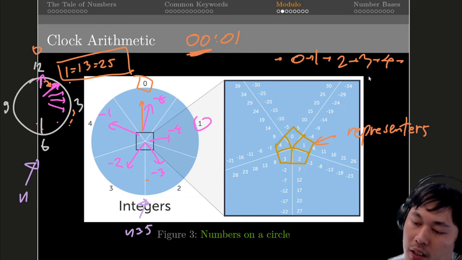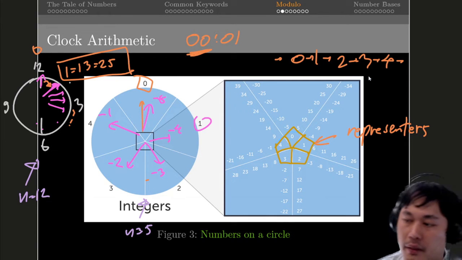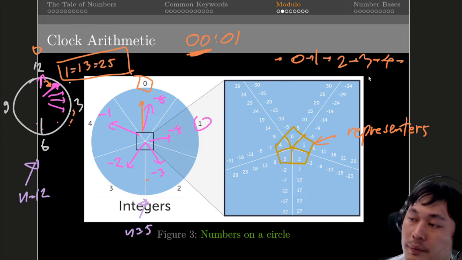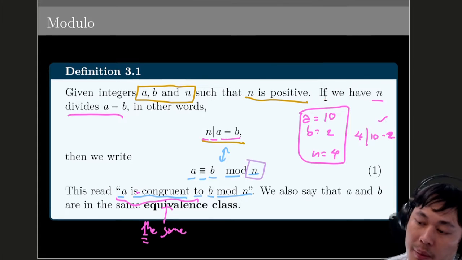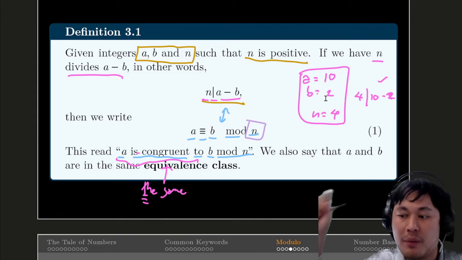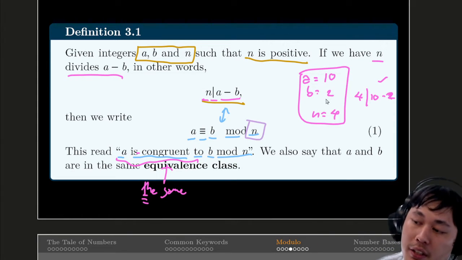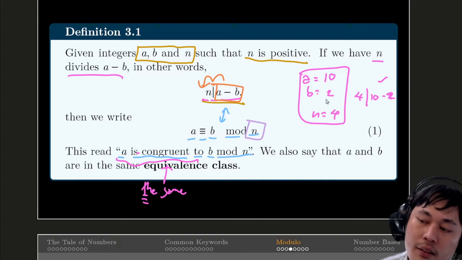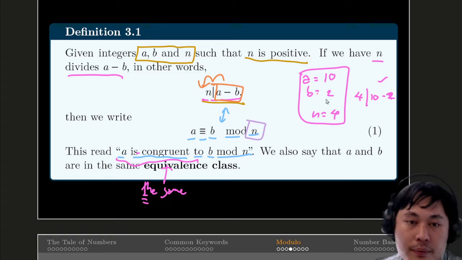On the clock, n is 12, 12 numbers around the clock. And we say that two numbers are congruent if the difference is divisible by n, or if n divides the difference.